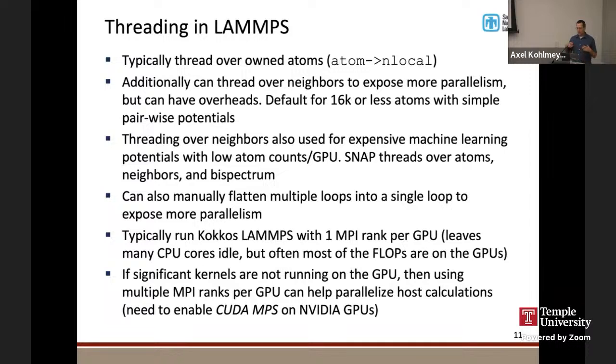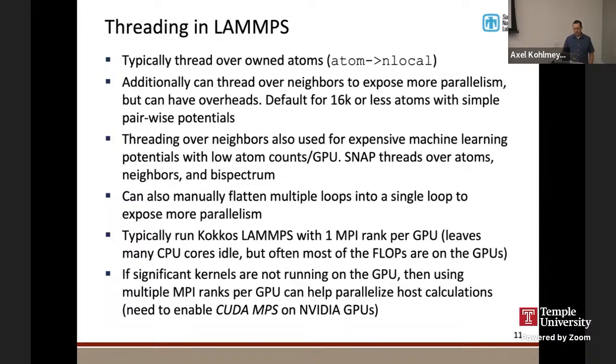And so we expose more parallelism by threading over all the neighbors and not just the owned atoms. You can also use threading over neighbors for expensive machine learning potentials. Typically, you have low atom counts per GPU, so you might only have 1,000 atoms or a few thousand per GPU.